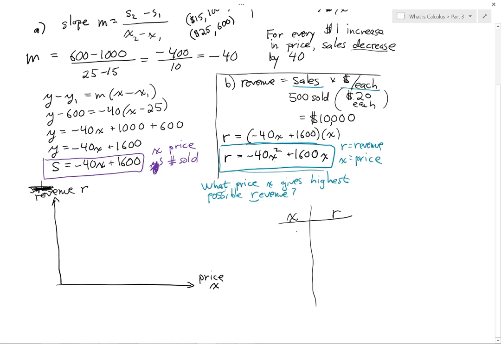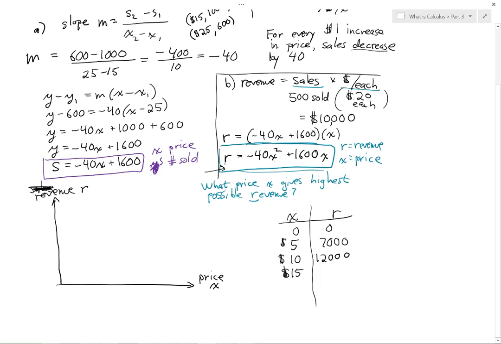All right, so, well, if we have zero price, then we're not going to make any revenue from that. We can put in $5, and that will get us $7,000 in sales. So I've already computed these in advance to save some time here. But all we're really doing, I'm taking values of x and plugging it into this equation. So $10 ticket price will result in 12,000 in sales.